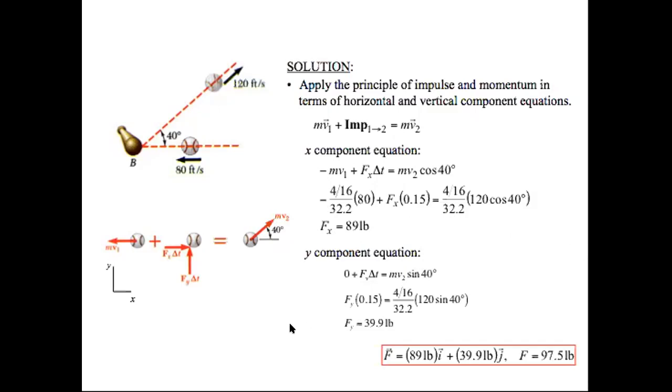For the y direction, v1 is 0 and v2 in the y direction is v2 sine 40 degrees. So the impulsive force exerted on the ball during the impact in the y direction is 39.9 pounds. Now we have to find the magnitude of the force because we have already found the force in the x and y directions. So the magnitude of the force is 97.9 pounds.